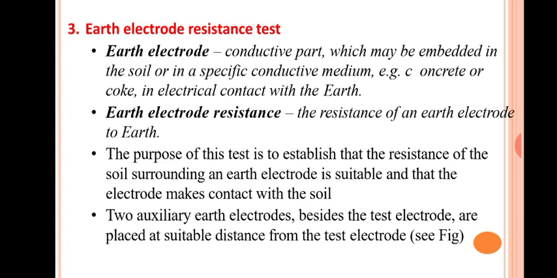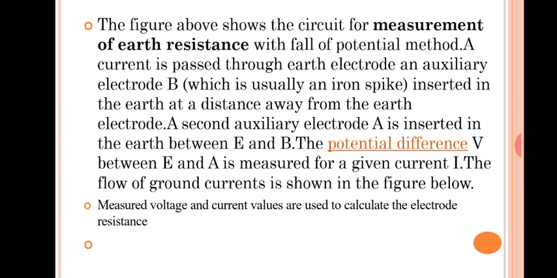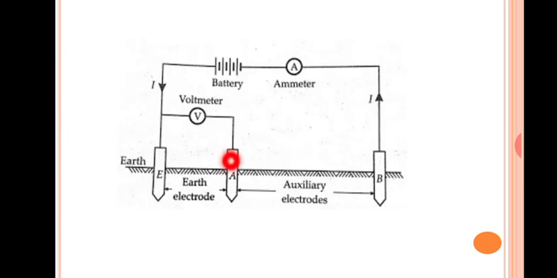There are two auxiliary earth electrodes besides the test electrode, placed at a suitable distance from the test electrode. We can have two auxiliary electrodes placed at a particular distance.